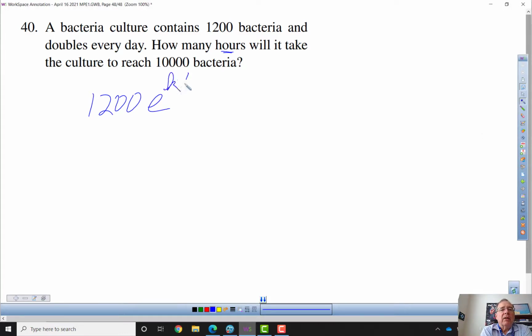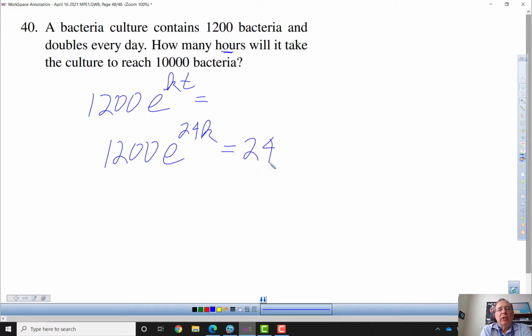So k times t. Now we don't know what k is and we don't know what t is, but we do know that we double in 24 hours. So if I say 1,200 e to the 24k equals 2,400.